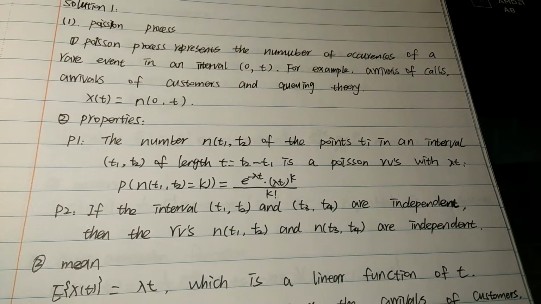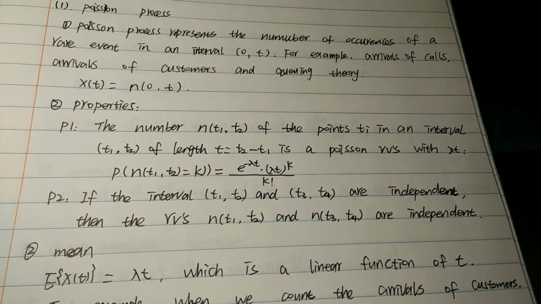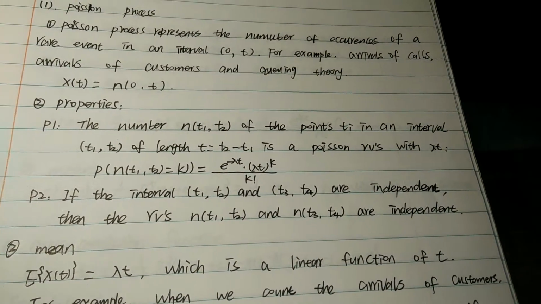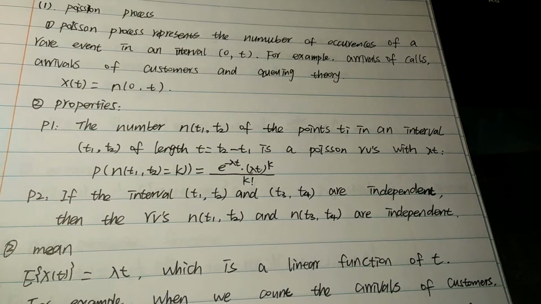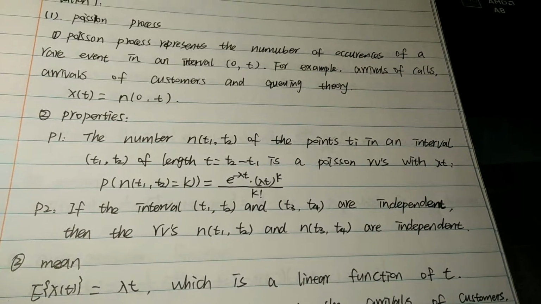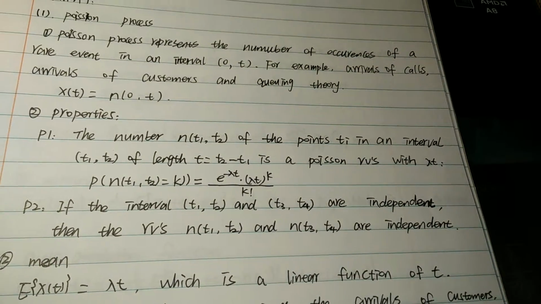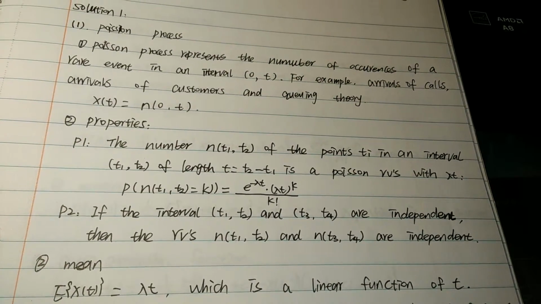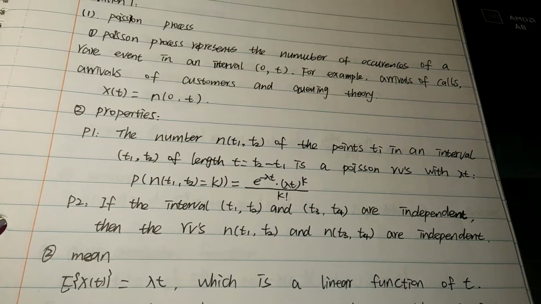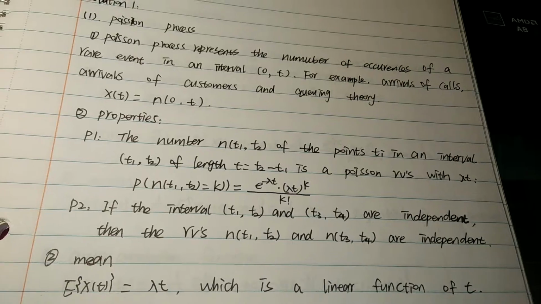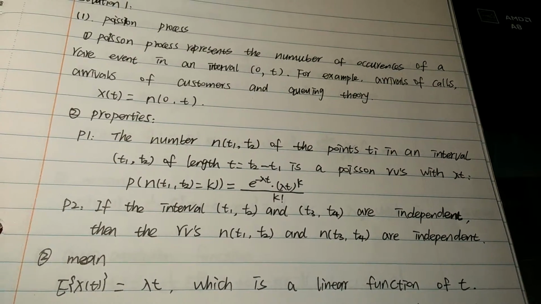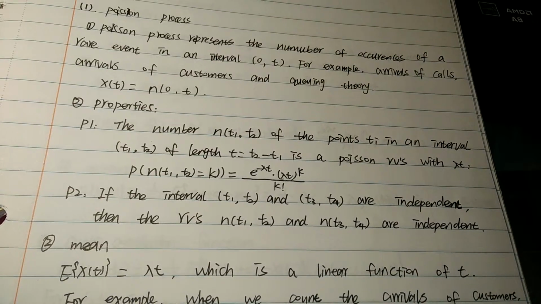The properties are: firstly, the number n of t1 to t2 of the points ti in an interval t1 to t2 of length t equals t2 minus t1 is a Poisson random variable with parameter lambda t. The probability of n of t1 to t2 equals k equals e to the power minus lambda t times lambda t to the power k over k factorial.